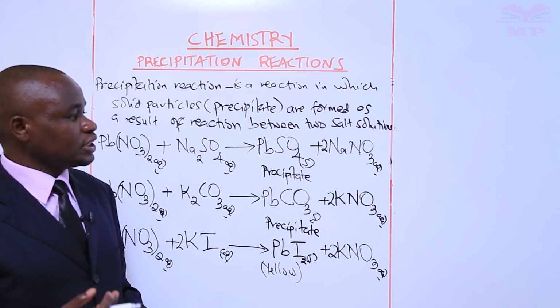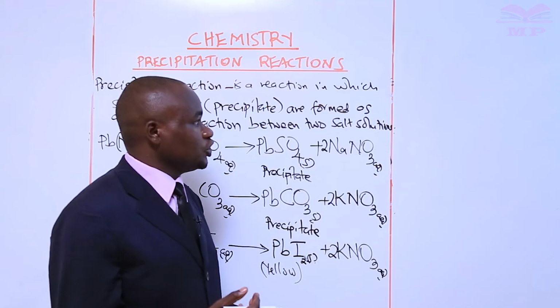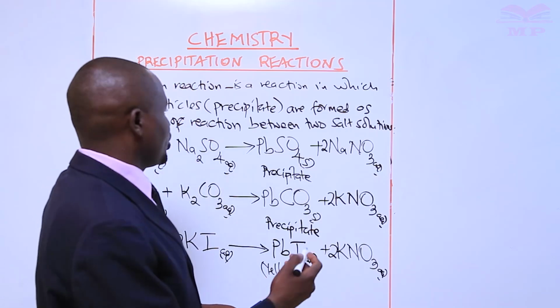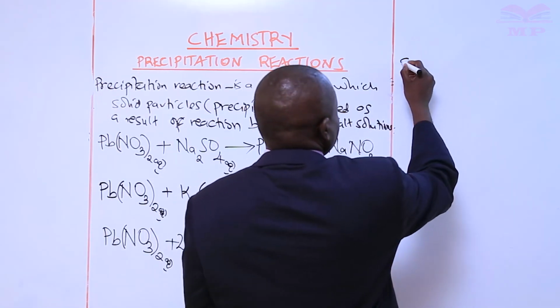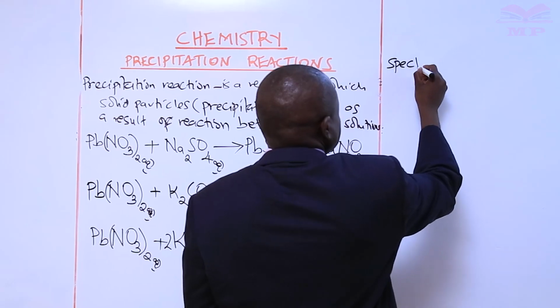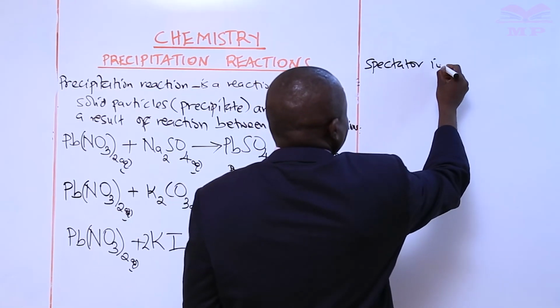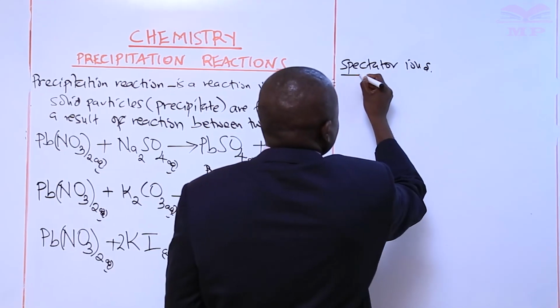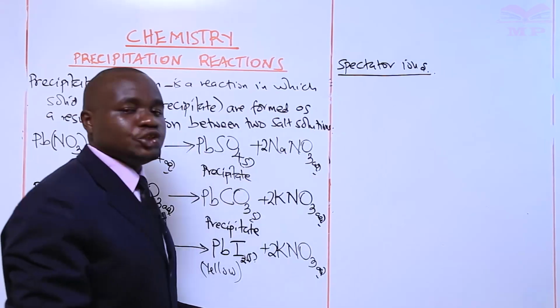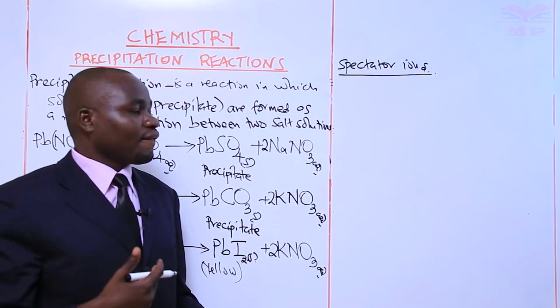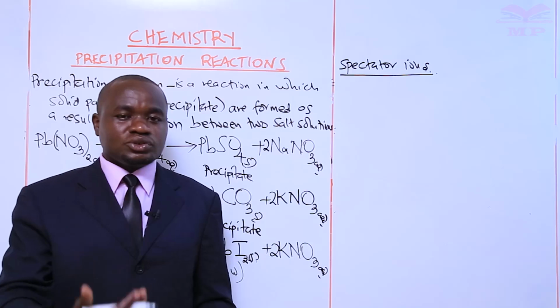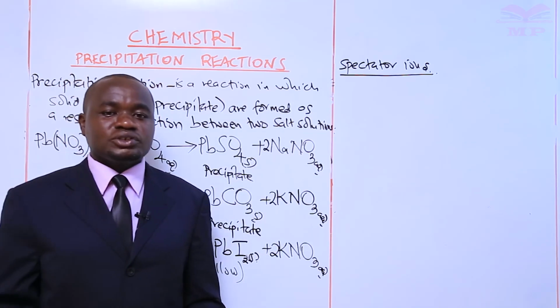That brings us to the definition that we need to know. We are talking about spectator ions. So now we are saying during precipitation reaction, we have seen salt solutions react by exchanging ions.